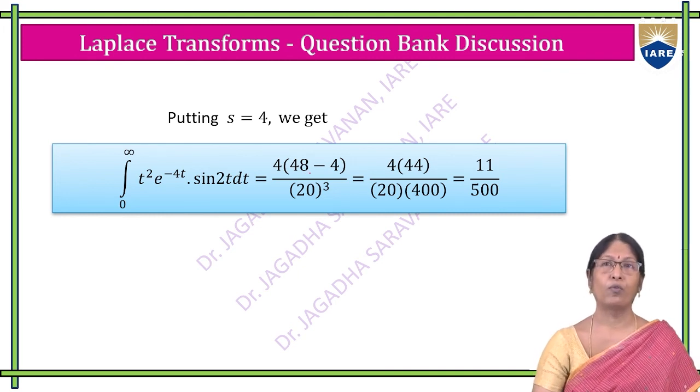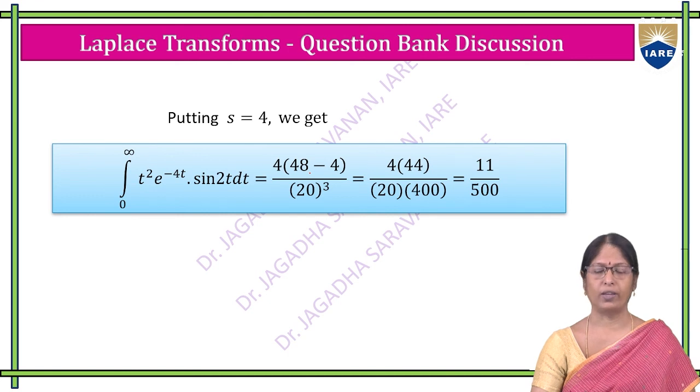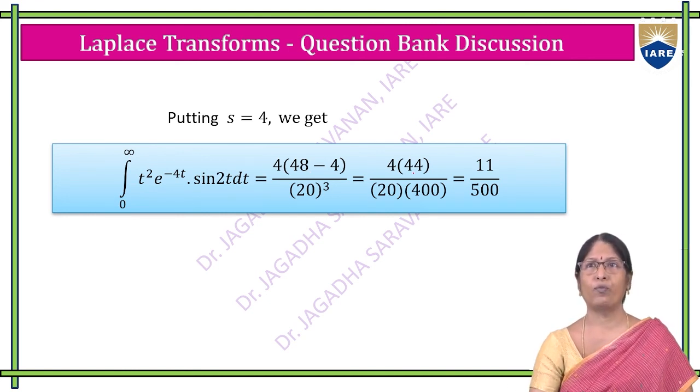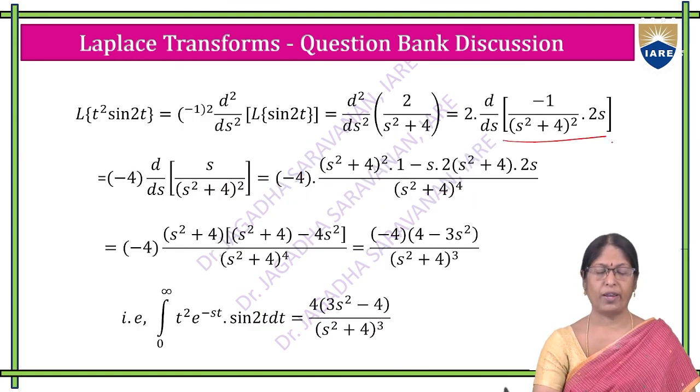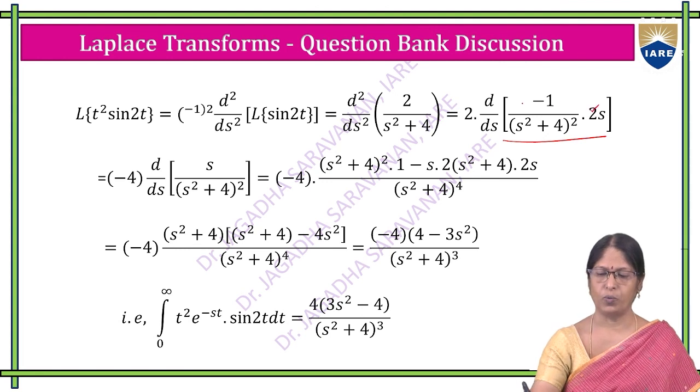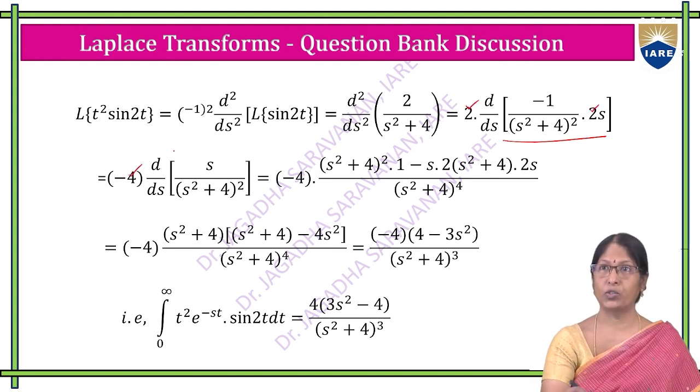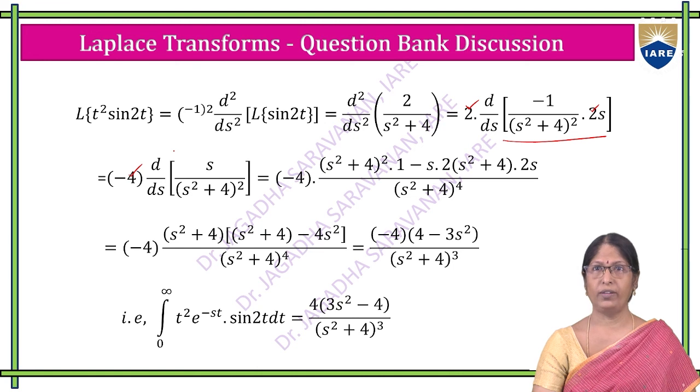So 4 of 48 minus 4 by 20 the whole cube, which is equal to 4 of 44, 20 into 400. If you simplify, it is 11 by 500. So up to here, we obtained the first derivative. We can see this, minus 4 which we have taken outside.